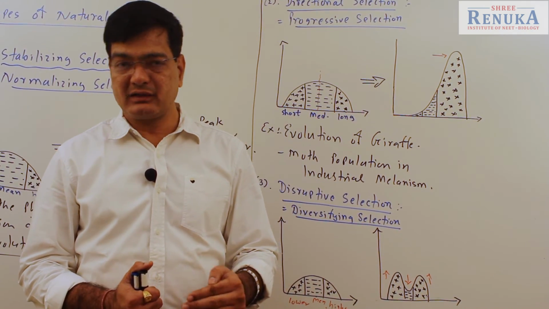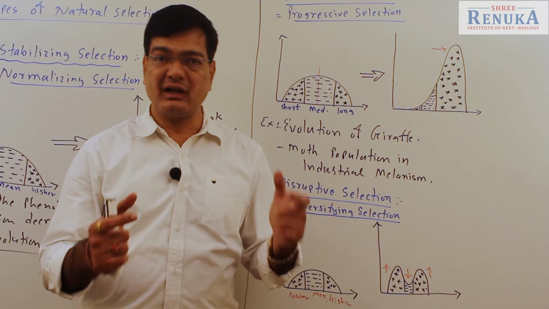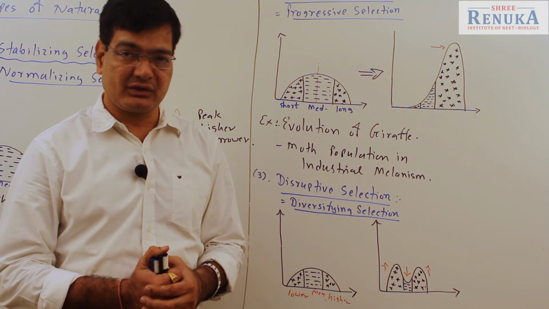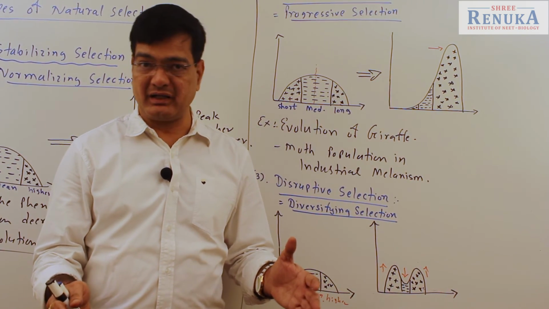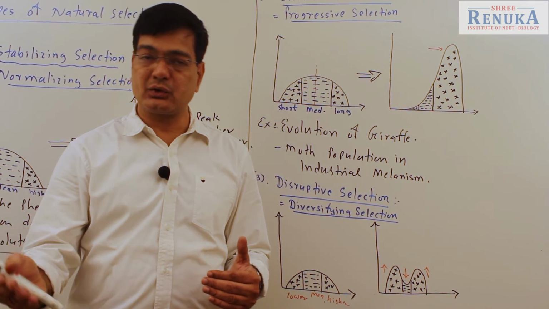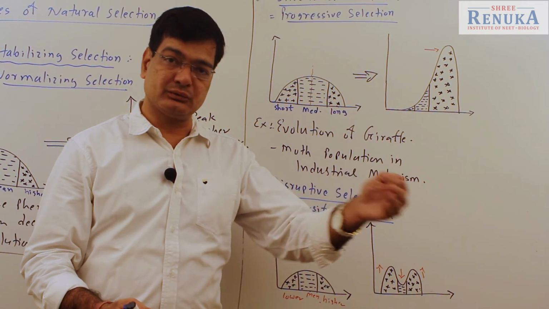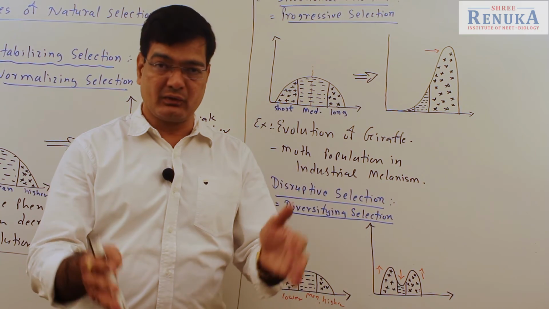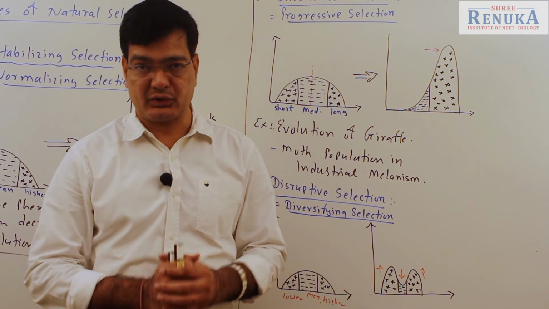Stebbins gave the example of the sunflower population in California. This sunflower population has a hybrid kind of variety. Initially, the hybrid sunflower plants, having the ability to grow in the dry habitat as well as in the wet habitat, were found in maximum number in the population.